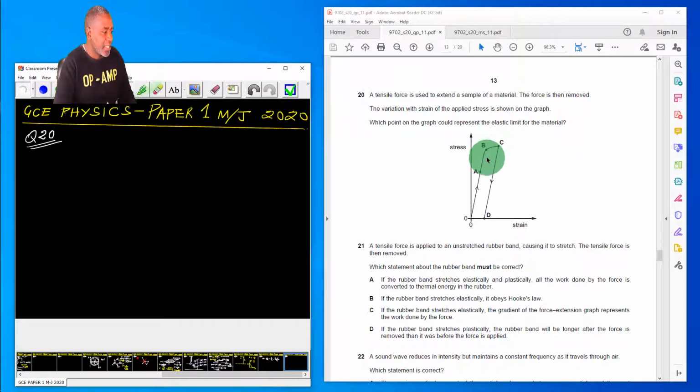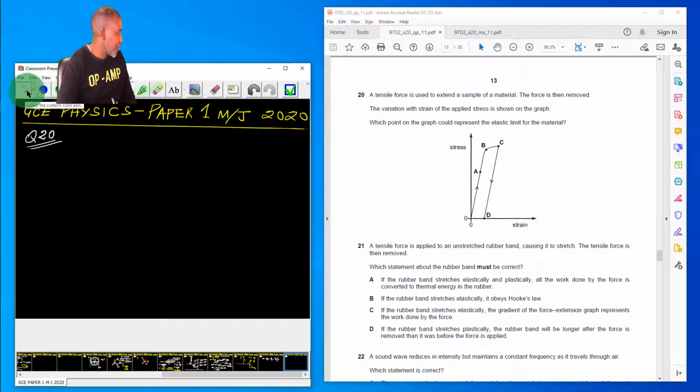This is the elastic limit. It is the point beyond which Hooke's law no longer applies. The section where Hooke's law applies is the section where the stress is directly proportional to the strain, or the extension is directly proportional to the force.